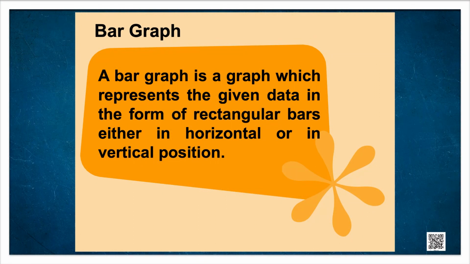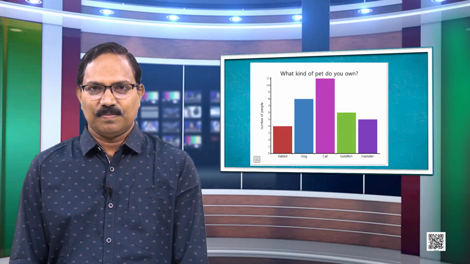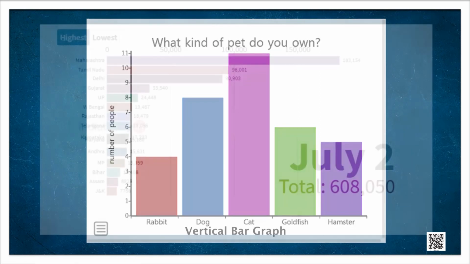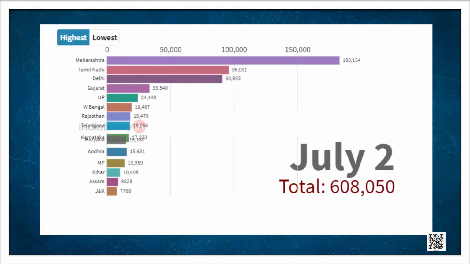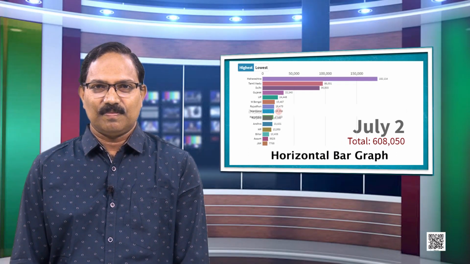A bar graph is a graph which represents the given data in the form of rectangular bars, either in horizontal or in vertical position. Look at this graph. It is a vertical bar graph. Look at this graph. It is a horizontal bar graph.